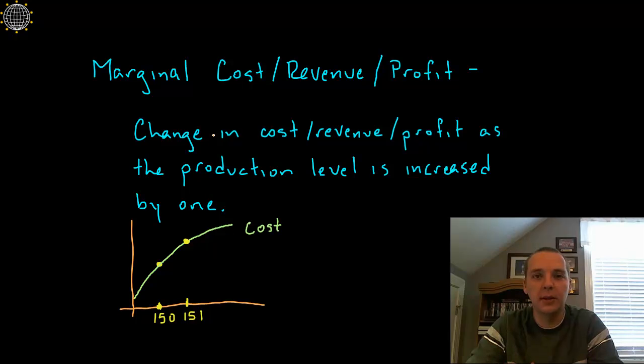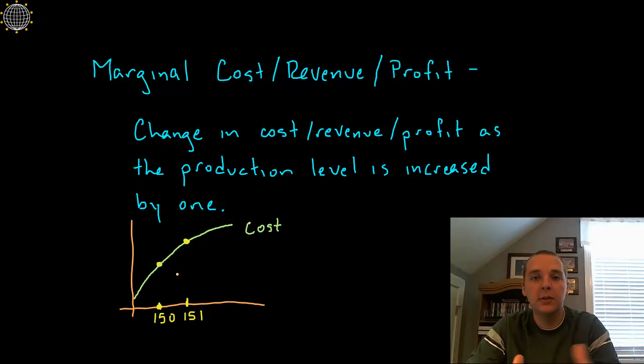So marginal cost would be the change in cost or revenue or profit as the production level is increased by 1. This is a very important idea for businesses: to know how much more am I going to spend making one more toaster oven or television or tennis shoe or whatever the case may be.